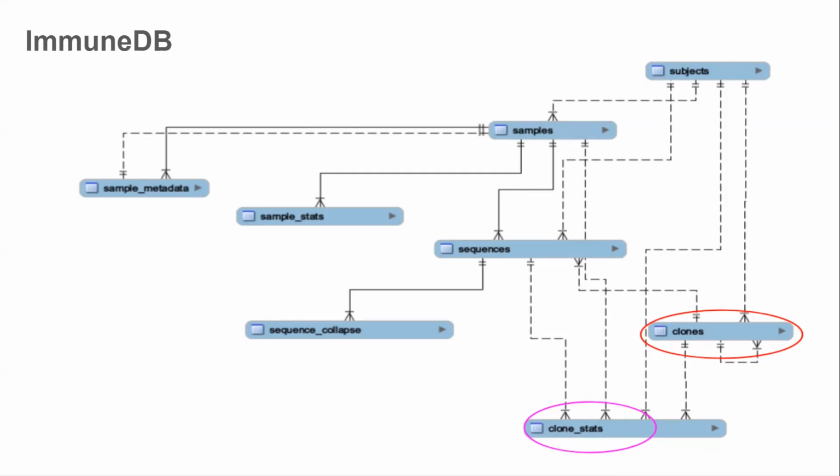And these tables are linked together in a way that gives us maximum information. So there is a relationship between all the tables, as you can see from the schematic view here. And in addition to storing the data, the database also has tables that contain information from analysis that is done throughout the pipeline, such as the calculated statistics and also a definition of clones.